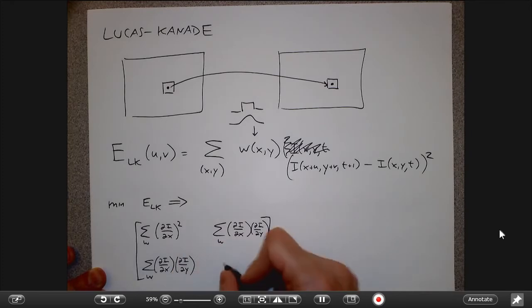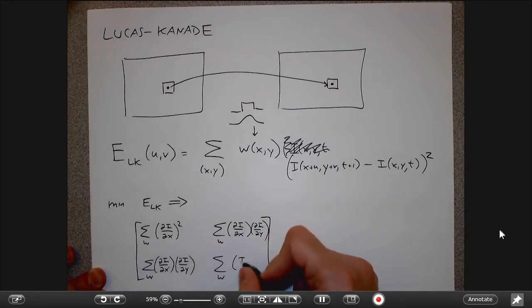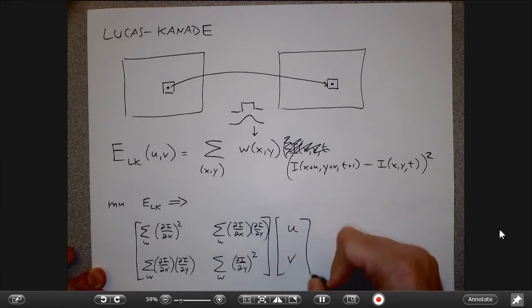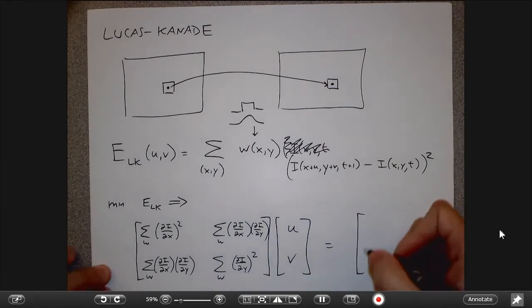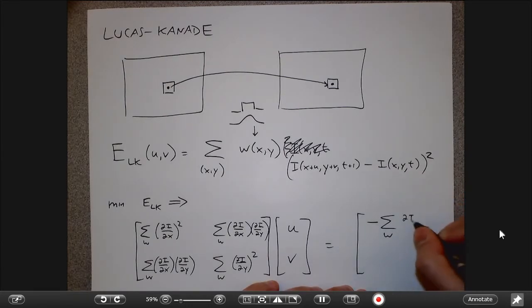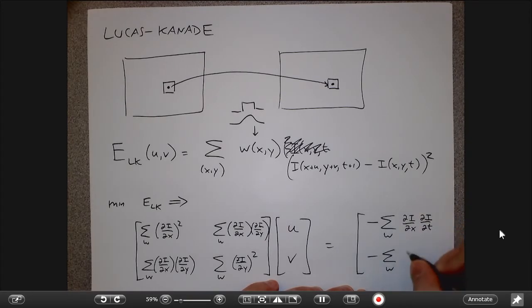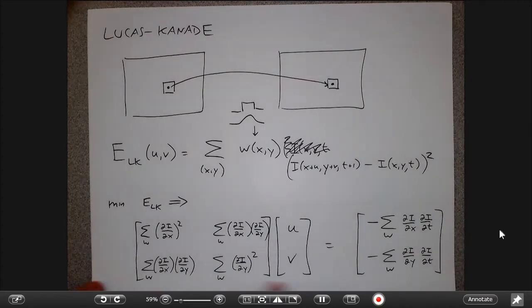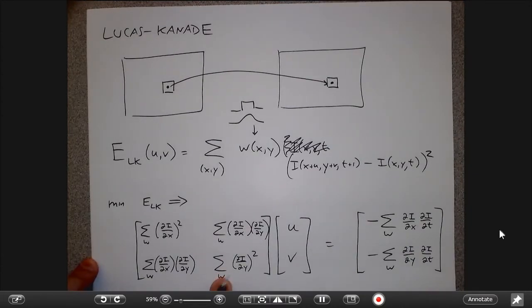So if I'm making a box window, then I'm simplifying this slightly. So this thing would multiply the flow vector, and then what I would have over here would be a vector that would look like basically the sum over the window of dI/dx dI/dt, and dI/dy dI/dt. Right? And so if you look at this, this is exactly the Harris matrix that we derived last time for features.